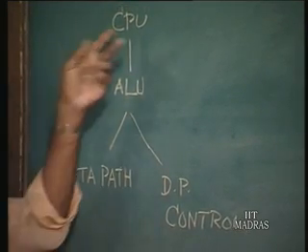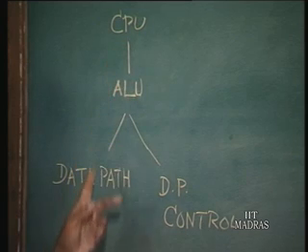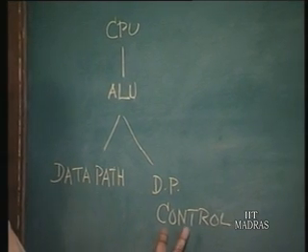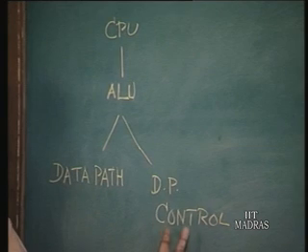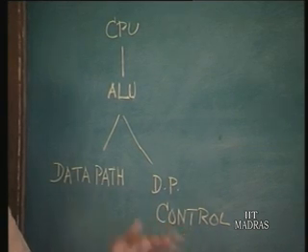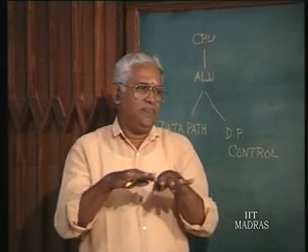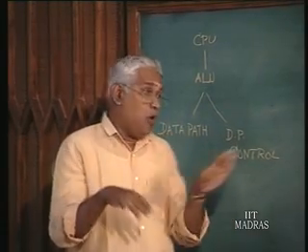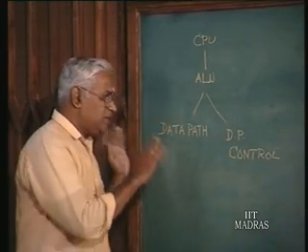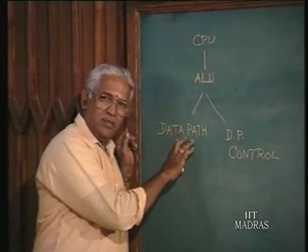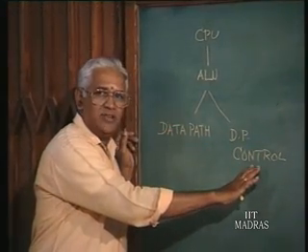So, essentially CPU design boils down to design of data paths and the design of the control. The control is nothing but the controller which is going to orchestrate the movement of the data over these paths. Then for one particular instruction there will be one path and one set of control signals.